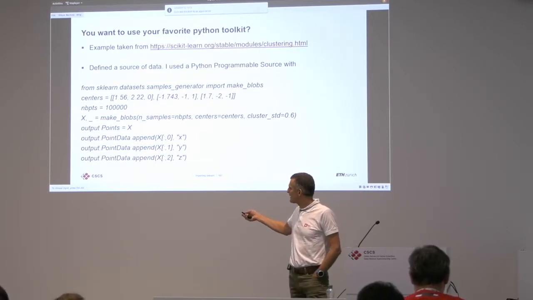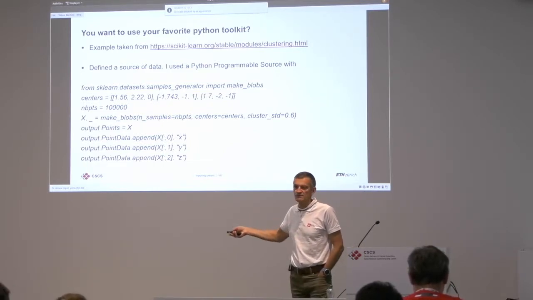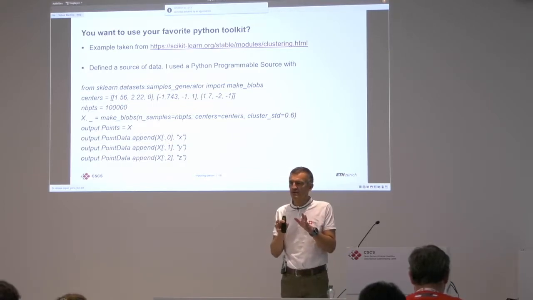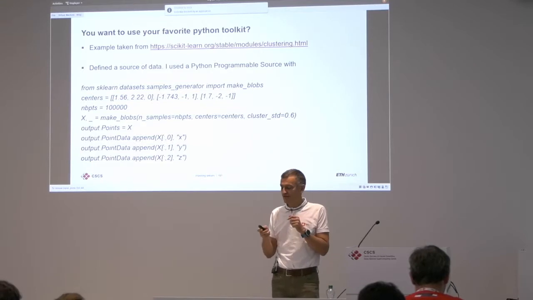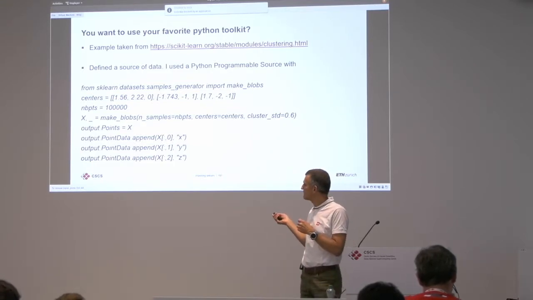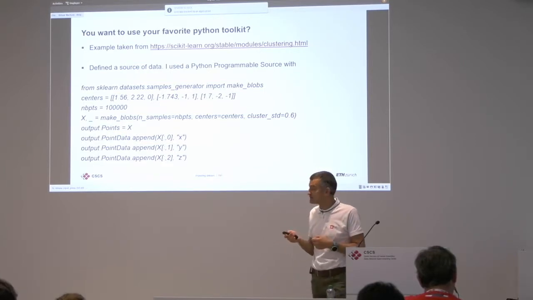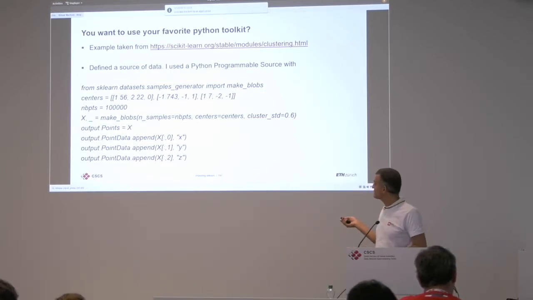Points is predefined. Point data is predefined. So once you learn a couple of those examples, then you have it. And then if you know how to program things and how to manipulate Python arrays, then you are pretty much ready to go. So this is the setup of the demonstration.